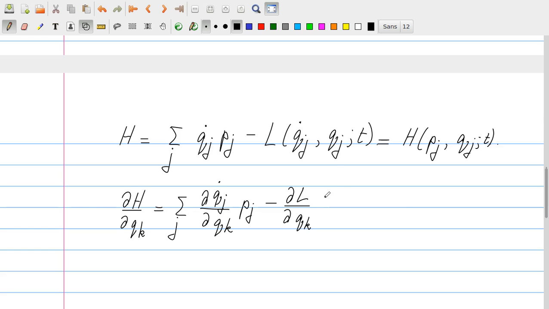But there is also a dependence through this qj dot, because the qj dot is a function of the qk and the pk, and so using the chain rule, this gives me a sum over j, and then I have a dL dqj dot, and I must multiply by qj dot derivative with respect to qk.